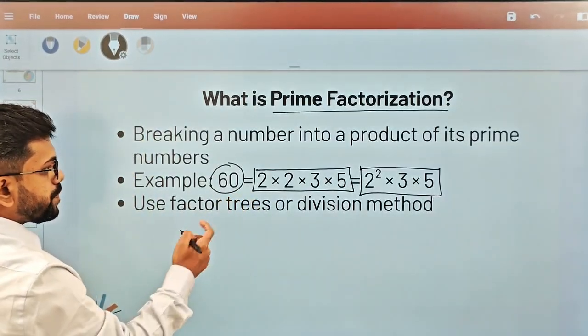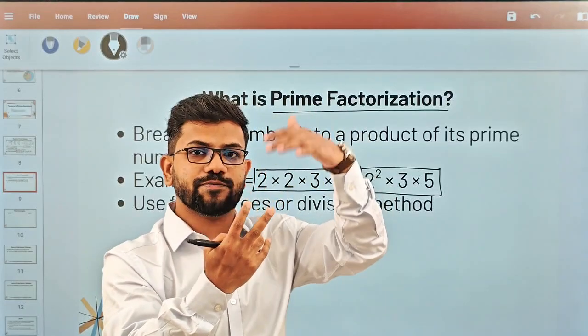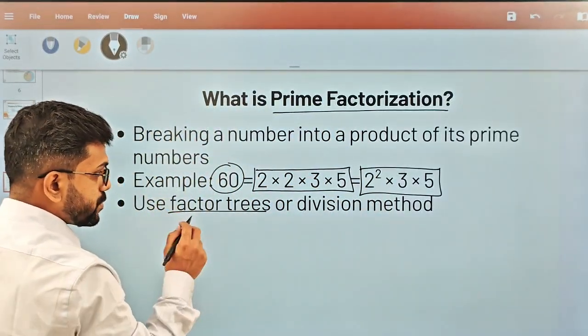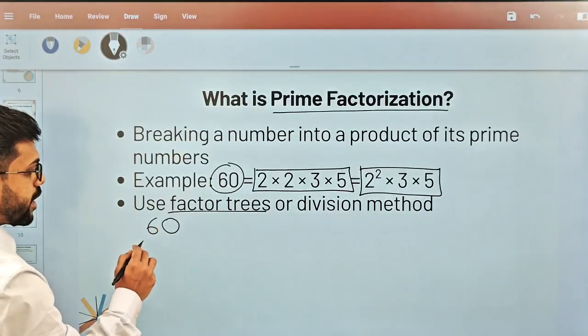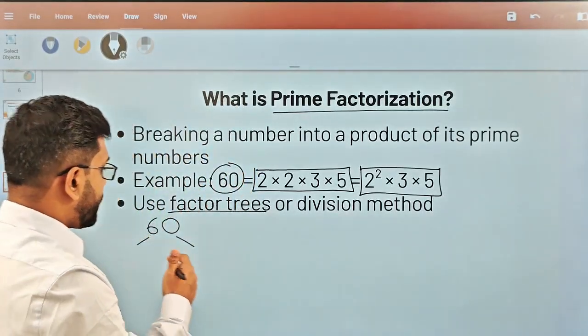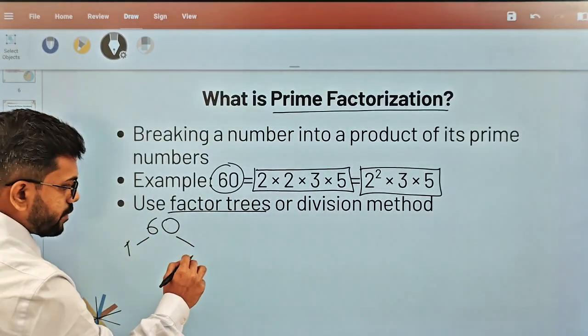Okay. So we can use 2 methods to find out the prime factorization of a number. One method is called the factor tree method, which is basically you try to find out any 2 factors of a number. Let's say 1 and 60 first of all.